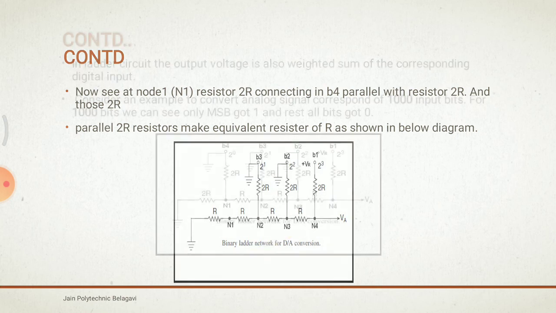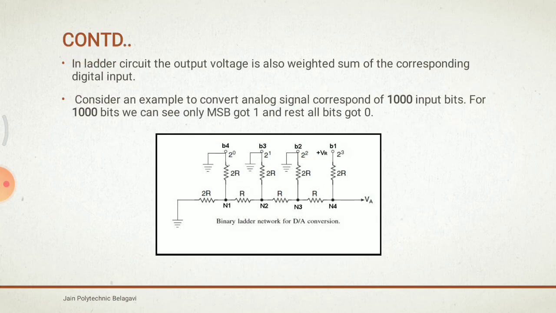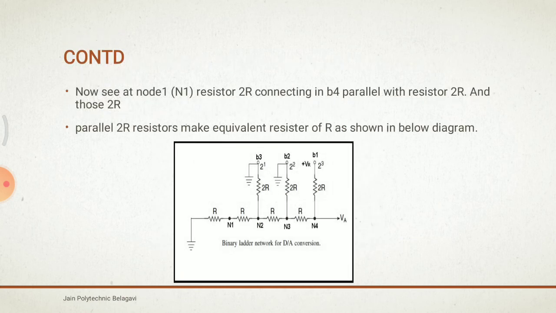Here B4 is in parallel with the resistor 2R, and those 2R parallel to R resistor make the equivalent resistor. That is going to connect to B4 parallel only, right? So parallel to the R resistor makes the equivalent resistor circuit.